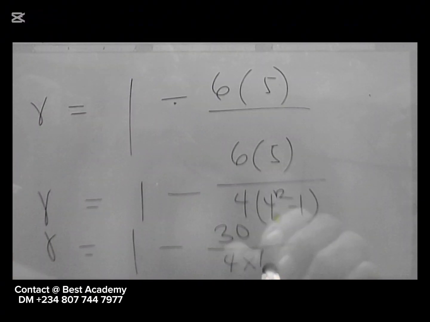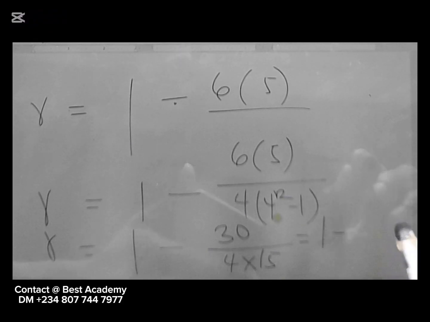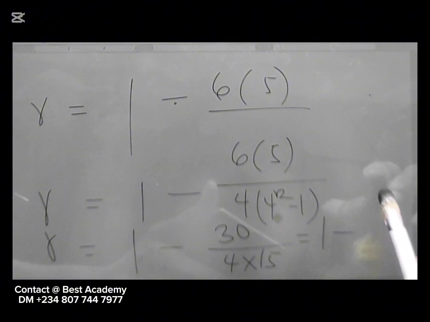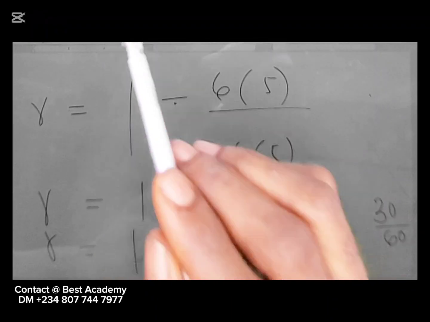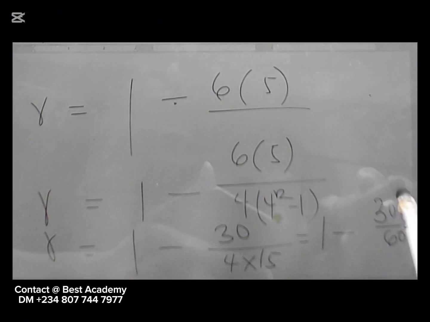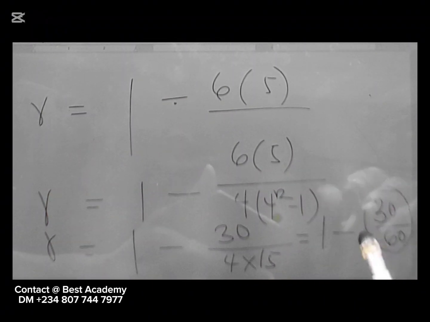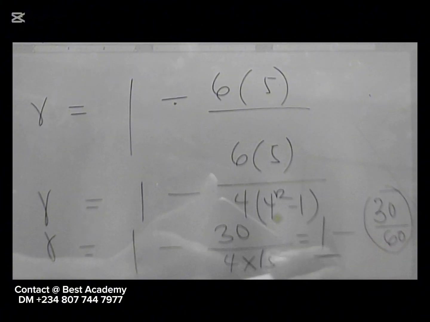That is 4 times 15, so this will be equal to 1 minus 30 over 60, since 4 times 15 gives us 60. So I have to divide this part first and subtract it from 1. That's what it means here. Please take note. 30 divided by 60, we have 0.5.